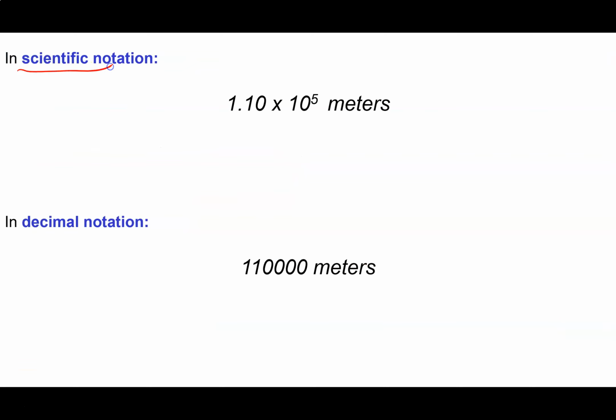In scientific notation, you're going to write the number in this form. You're going to have a number written up the front, and that number has the characteristic that it has one non-zero digit and only ever one, followed by a decimal point, and then a bunch of other digits. That number will then be multiplied by some power of 10.